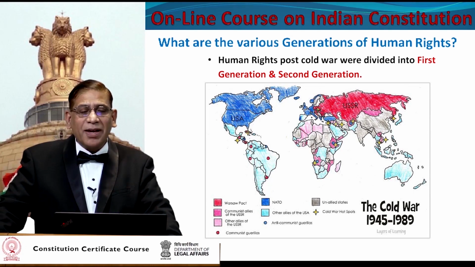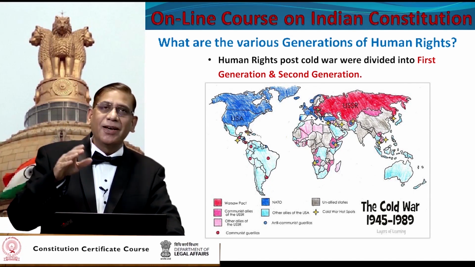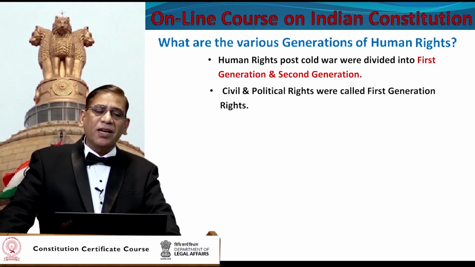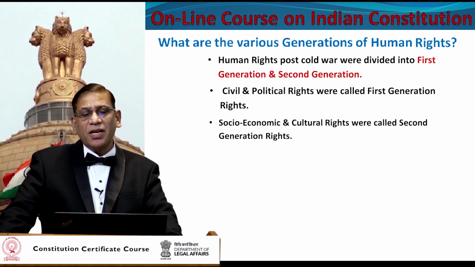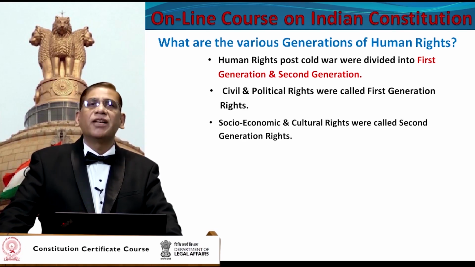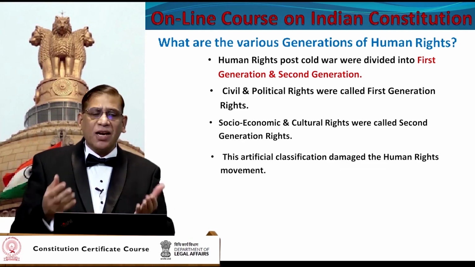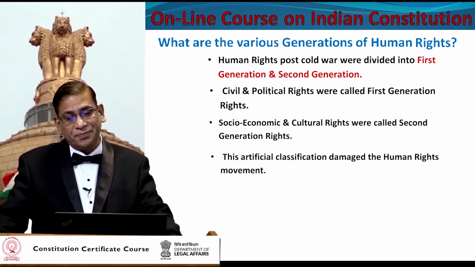And therefore, human rights also got divided into the first generation and second generation rights. The civil and political rights were called first generation rights. Socio-economic and cultural rights were called second generation rights. This was an artificial classification and it damaged the human rights movement.